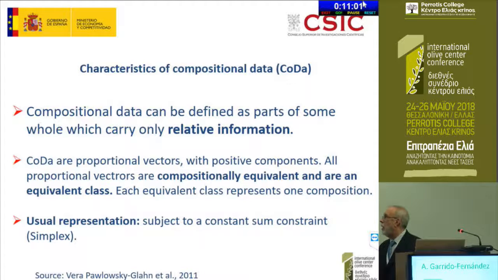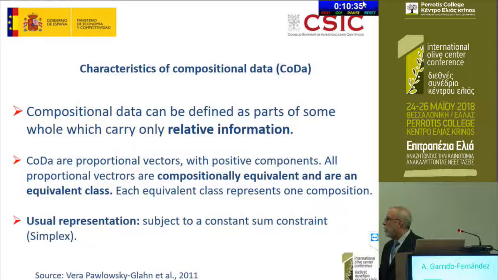Compositional data can be defined as parts of some whole which carry only relative information. This is the basic principle of compositional data. They only carry relative information. Everything should be stated as ratios, not in absolute values.